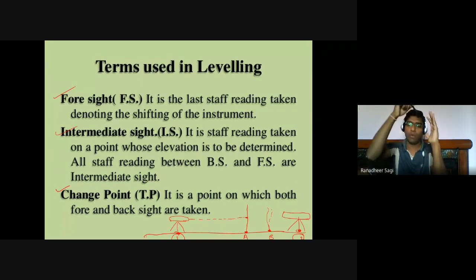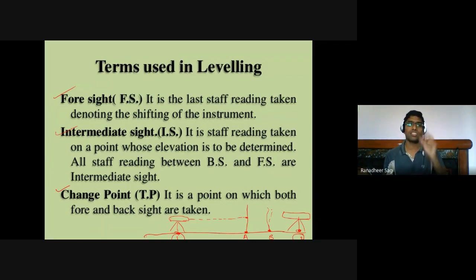With respect to the position of the instrument at station 2, when you take the reading on the leveling staff placed at point A, that reading is what we call your backsight. I repeat, the first reading you take after setting up the instrument is what we call a backsight, and the last reading you have taken before shifting the instrument is what we call your foresight.